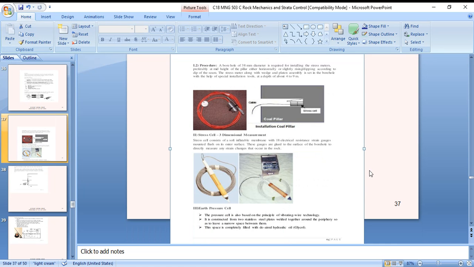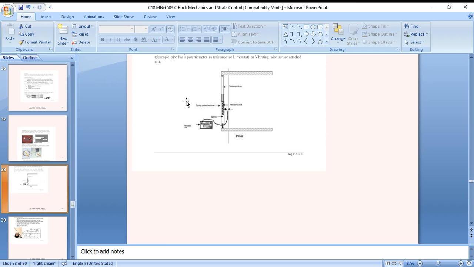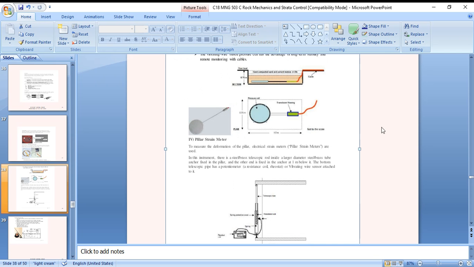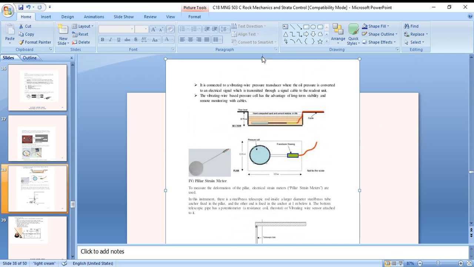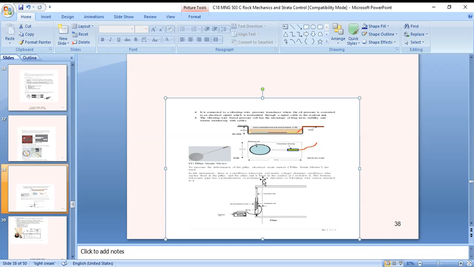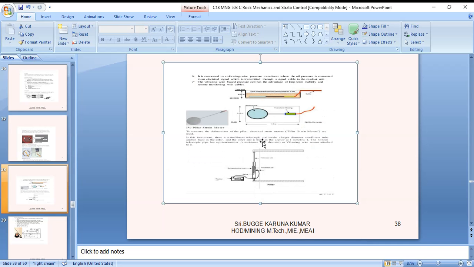So procedures for the dimensional measurements. So core pillars, inside the cell is inserted. Installation of the pressure, find out the pressure. So this is the model.